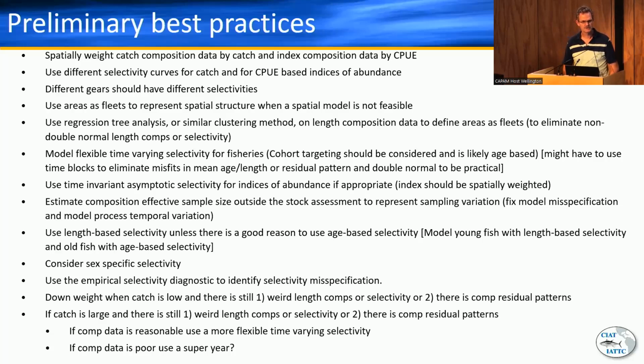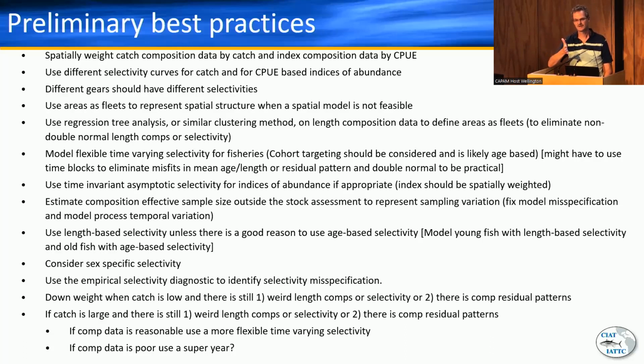The other thing is when you go back in time, when you don't have any comp data, right? A lot of fisheries have a long history of comp data, but there are a lot of fisheries that only have recent comp data, even in Europe. And so you're making up a whole lot of stuff, and you've only got one fishery and one set of comp data. So when you go back where there's no comp data for a particular fishery, what do you use?